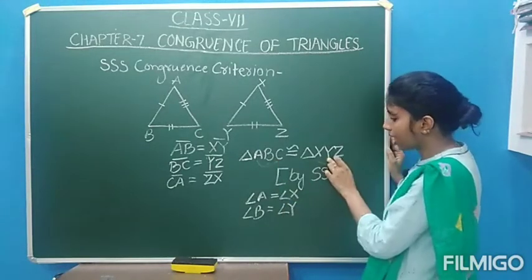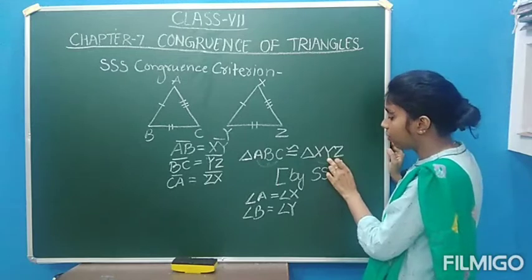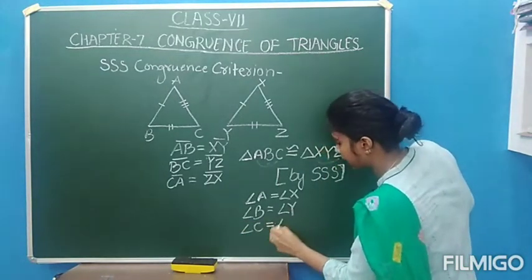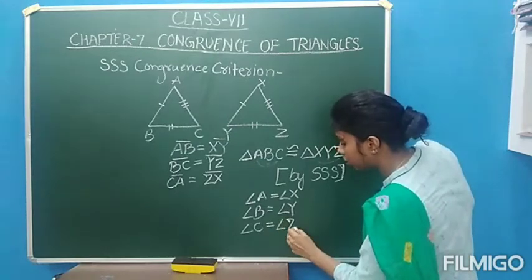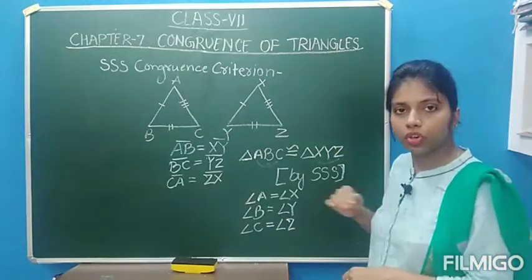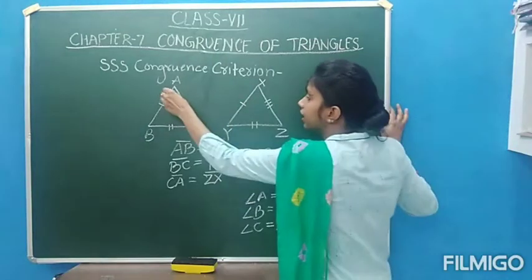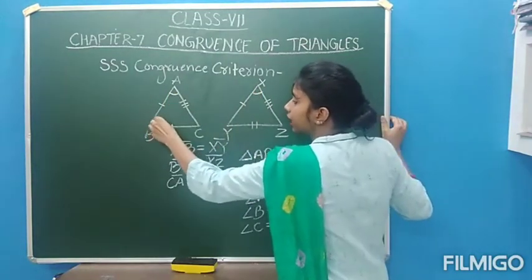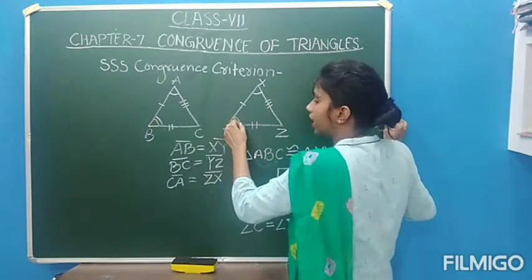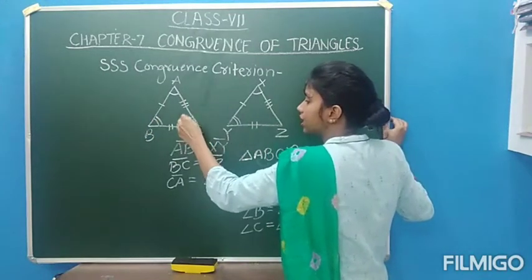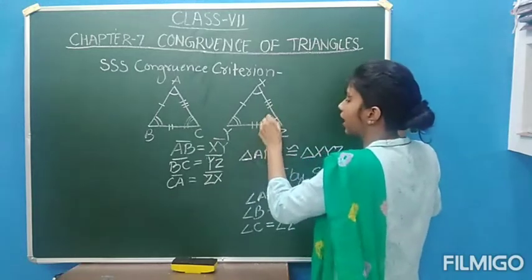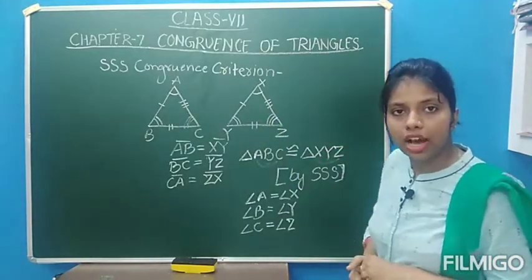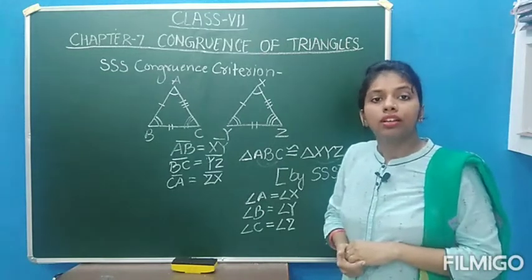So angle B is equal to angle Y and angle C is equal to angle Z. So in the figure, angle A is equal to angle X, angle B is equal to angle Y, and the third one, angle C, is equal to angle Z. These three angles are also equal.